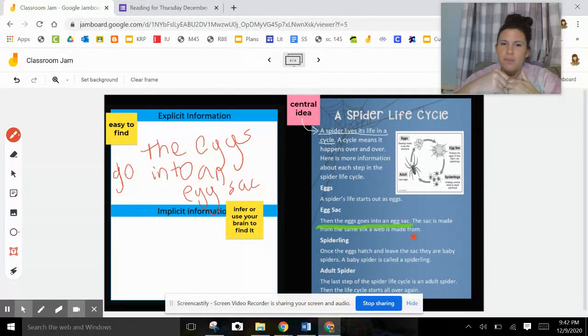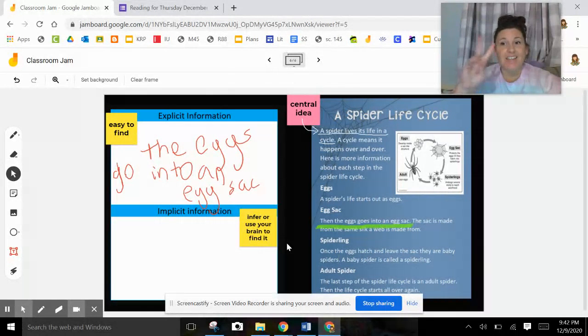What's the implicit information that's in there? What's the information that's hidden that we have to kind of dig for? So you use your brain to find it. Think about that. Think about why would a spider want to put all of their eggs into an egg sac? I can think of two reasons, and I'm hoping you think of one.